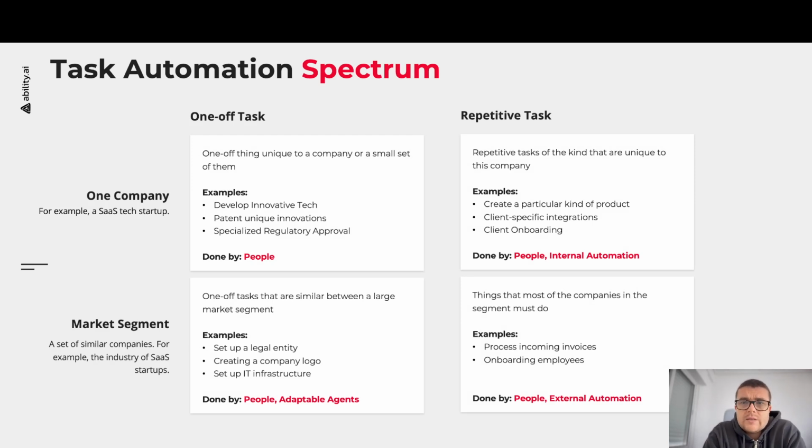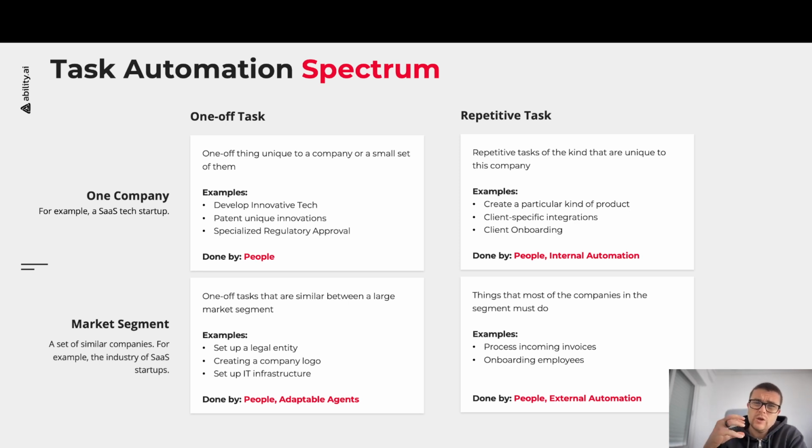And then there is a class of repetitive tasks, so things that a company has to do over and over again. And again, they can be separated into the things that are done uniquely by this one company, and the things that are done by a market segment overall. If we look at the repetitive tasks done by one company, it could be things like creating specific client integrations, onboarding a client.